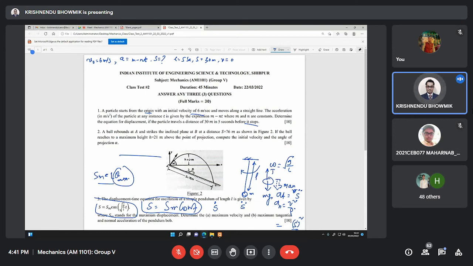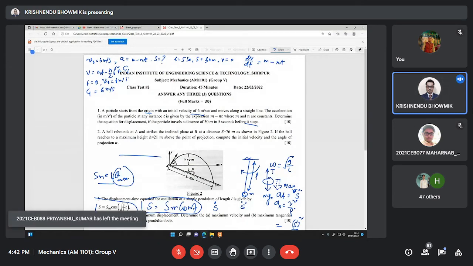To solve this problem, I will utilize dV by dt equal to m minus nt. So velocity equal to mt minus n by 2 t square plus some constant c1. Now at t equal to 0, v0 equal to 6 meter per second, so c1 equal to 6 meter per second. Then v equal to 6 plus mt minus n by 2 t square.